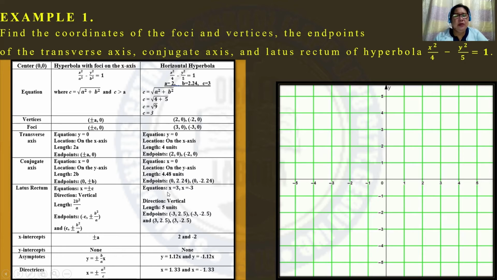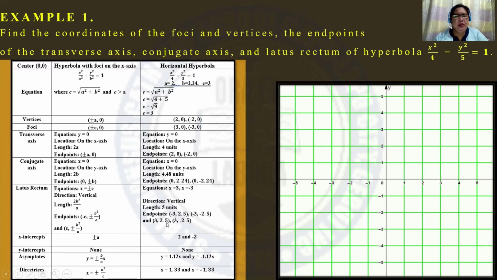The latus rectum equations, we have x is equal to 3 and x is equal to negative 3. Direction is vertical. The length of the latus rectum can be taken by 2 times b squared, and b is 2.24, square it, and over a, which is 2, so the result is 5 units.